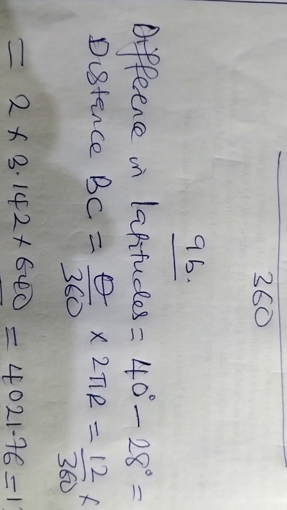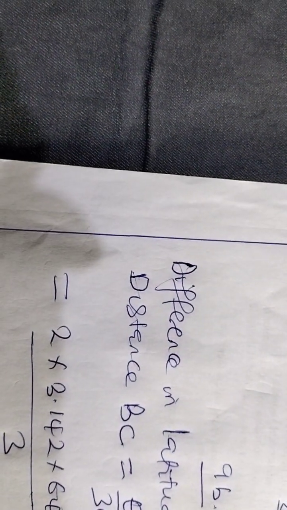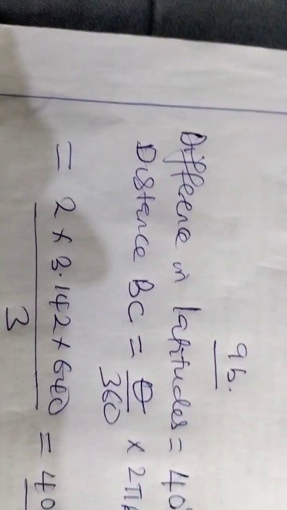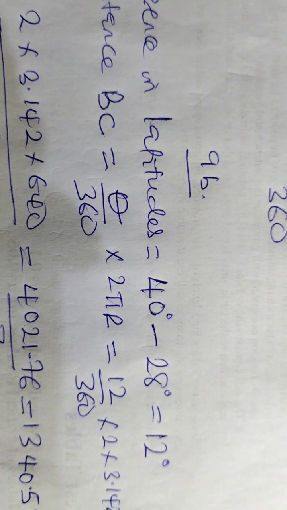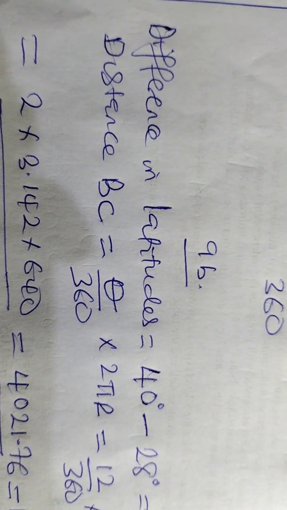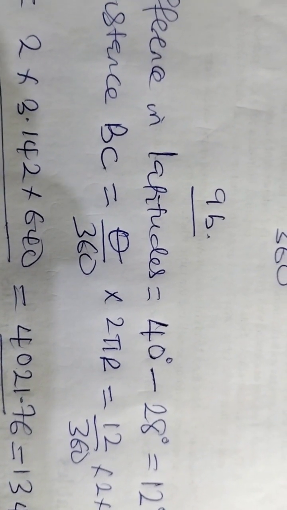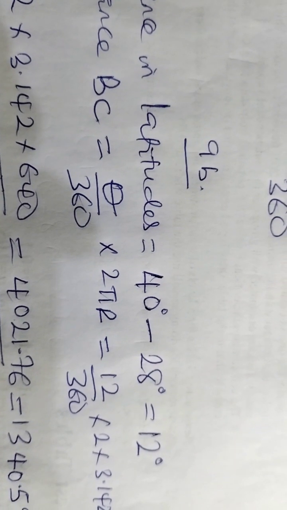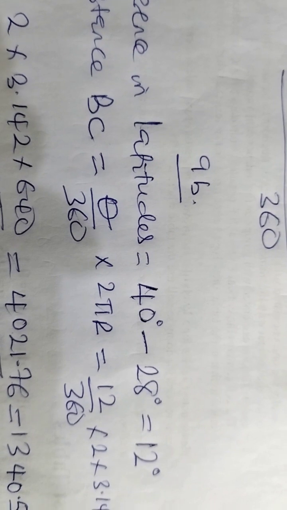Go to 9b. That says we should find the distance between B and C along the line of longitude. So we'll find the difference between their latitudes. B lies on latitude 40 degrees north and C lies on latitude 28 degrees north. Since they lie on the same hemisphere, northern hemisphere, the difference is obtained by subtraction.